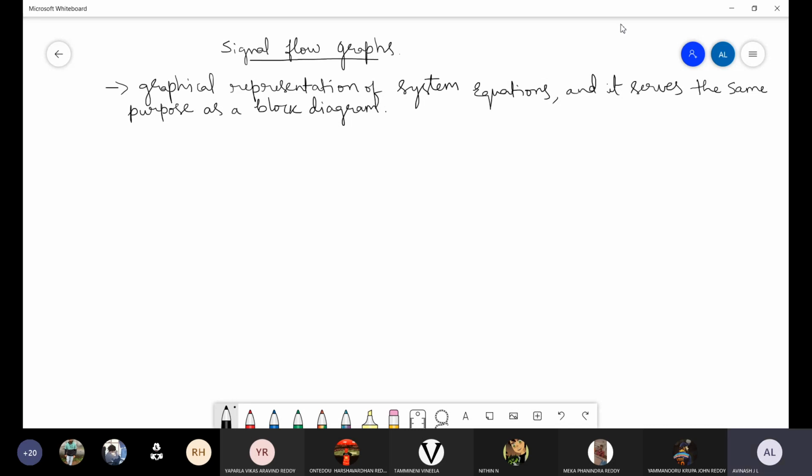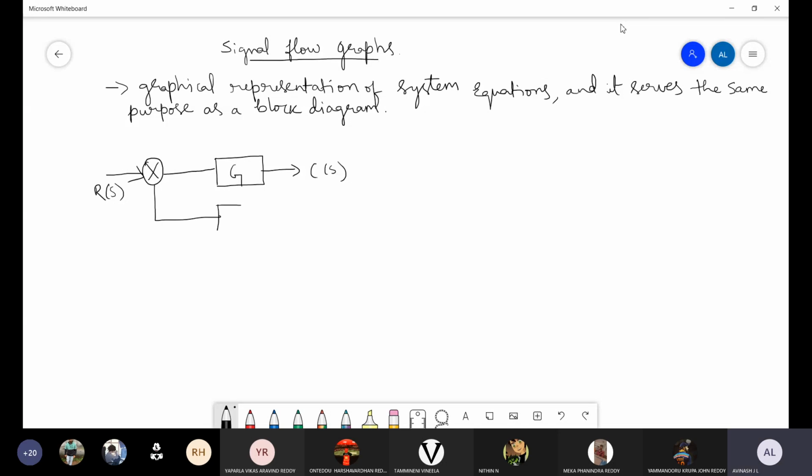Now here the speciality: I will take one particular block diagram and write the corresponding signal flow graph for it, so we can understand how it happens. Just write this particular block diagram, all of you. We will take one feedback system.